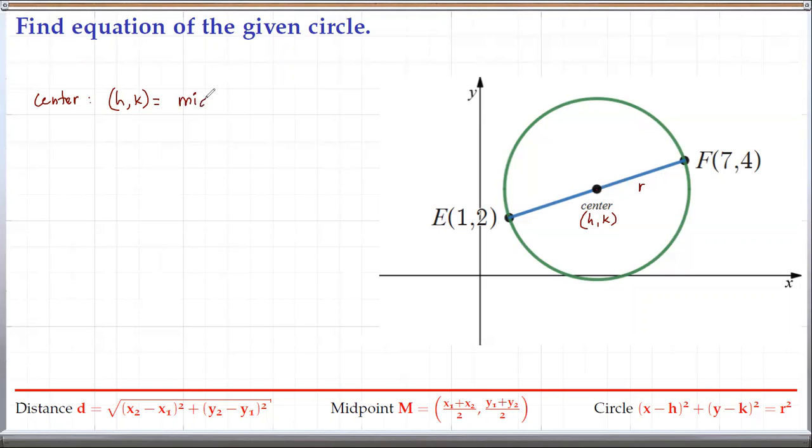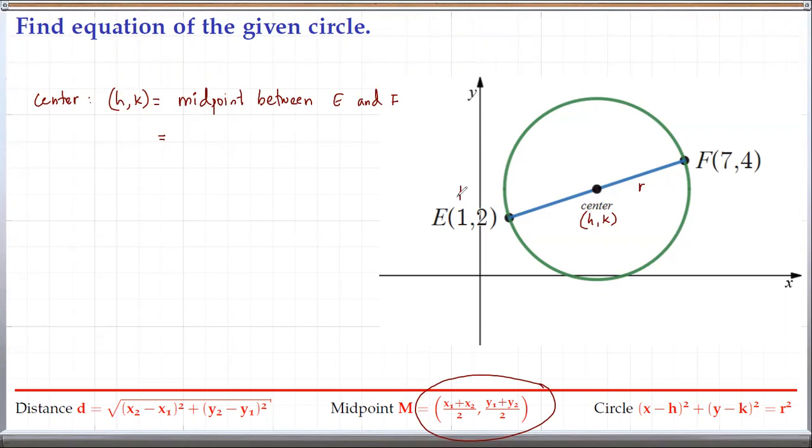Center is simply the midpoint between the endpoints of the diameter. So in this case, we can apply the midpoint formula. We have the formula (x1 plus x2)/2, (y1 plus y2)/2.